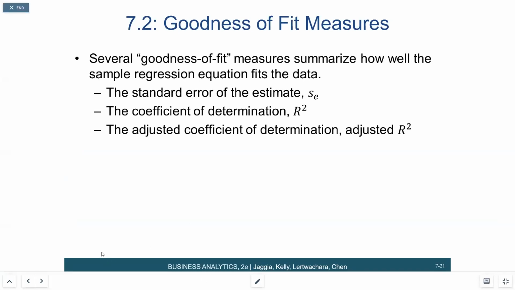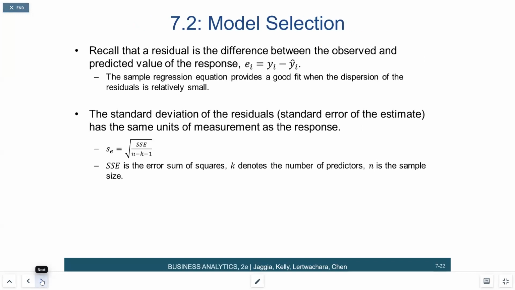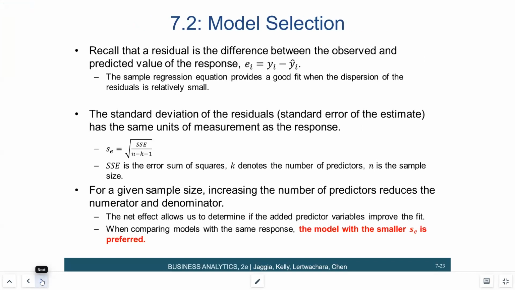So now we are talking about goodness of fit measures and the standard error of the estimate. Where we're at is, for a given sample size, if we increase the number of predictors, it's going to reduce the numerator and denominator.